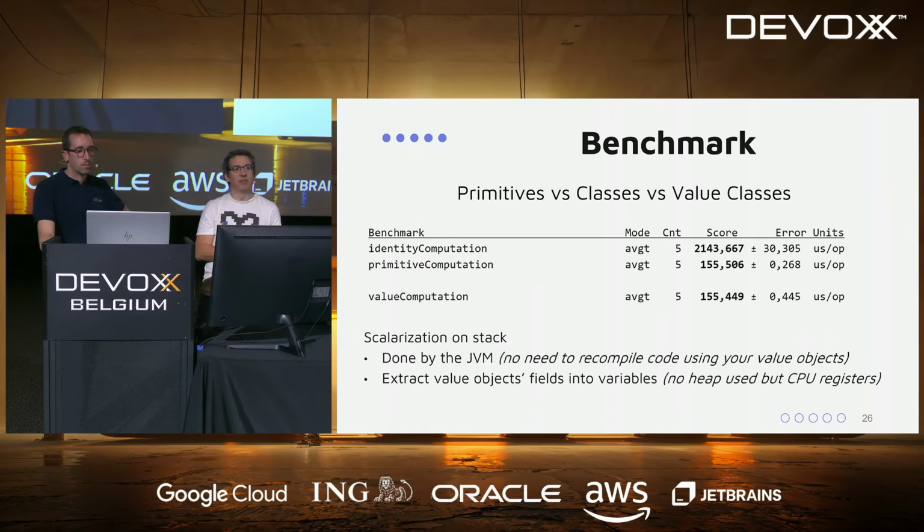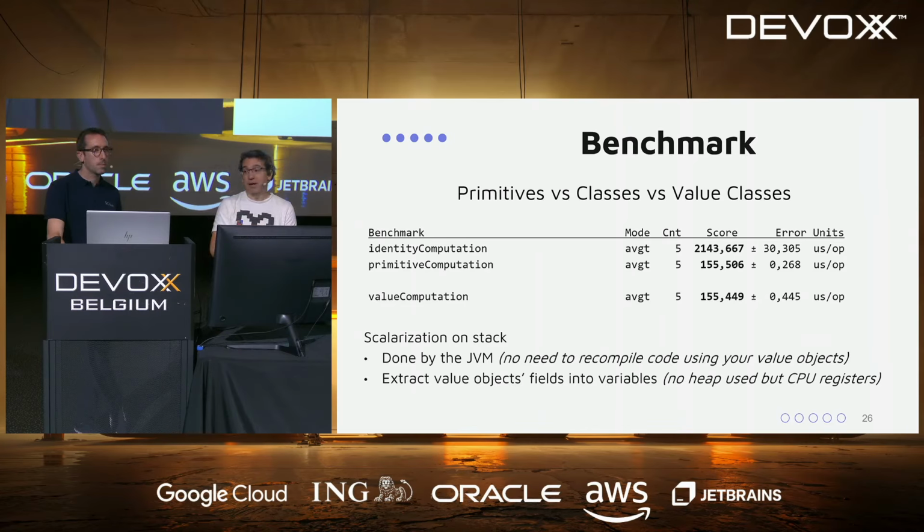There is no difference. The optimization is only done by the VM, which is a really, really great thing. This optimization is called scalarization. Scalarization is when you take an object on the stack and you explode it and store all the values of the fields directly in registers.